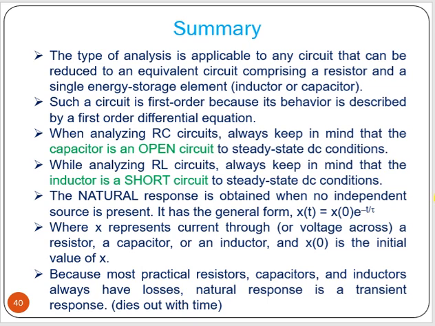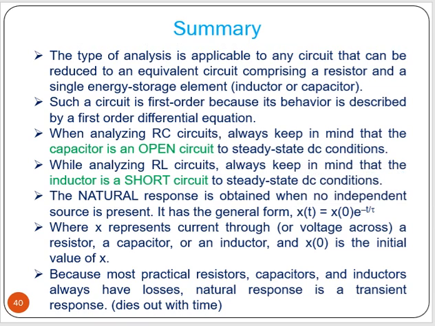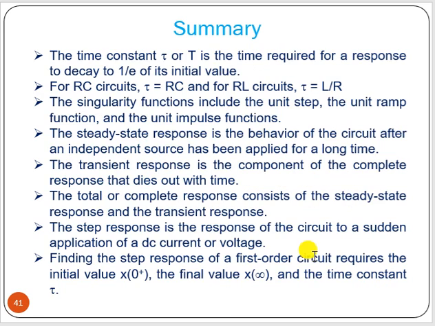The natural response is obtained by the equation x(t) equal to x(0) e to the power minus t by tau. Here x can be voltage for a capacitor and current for an inductor. In a source free circuit, it decays to 0. The natural response is the transient response, which dies out with time.